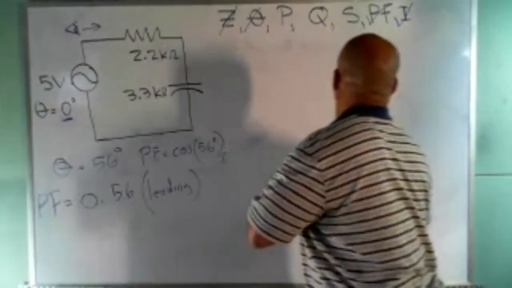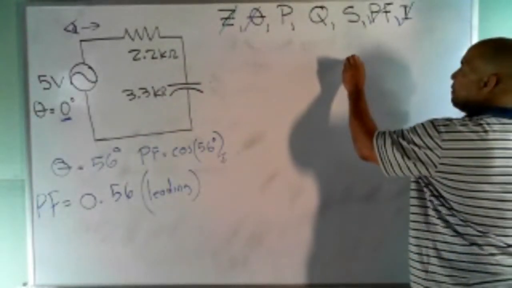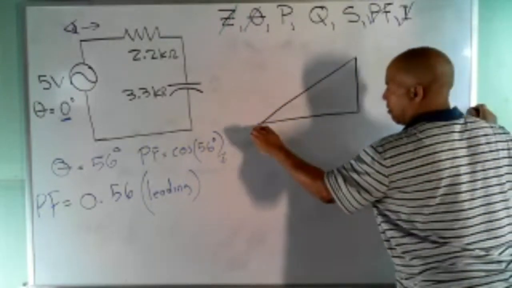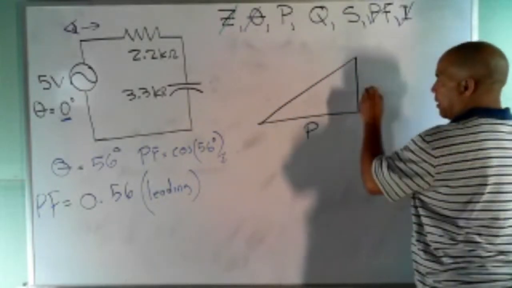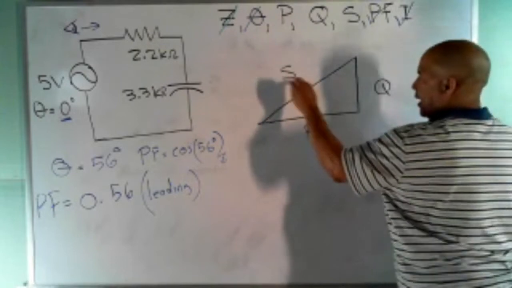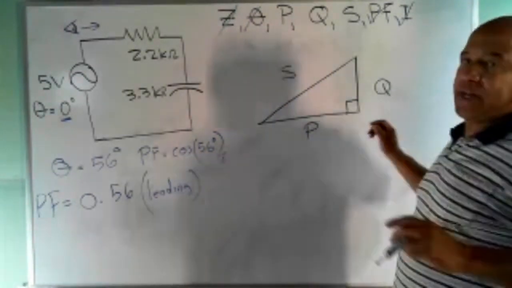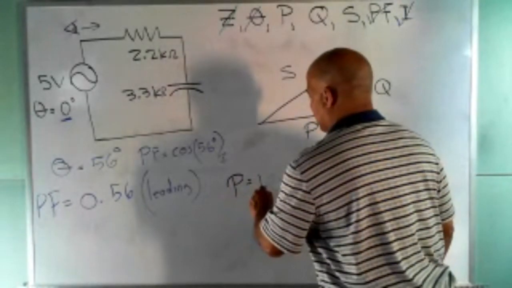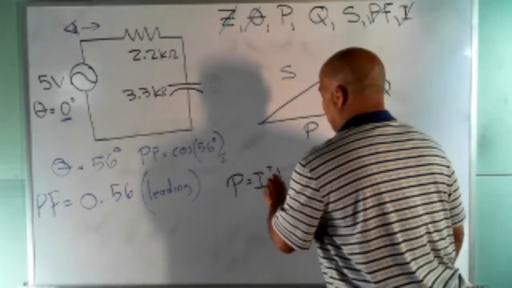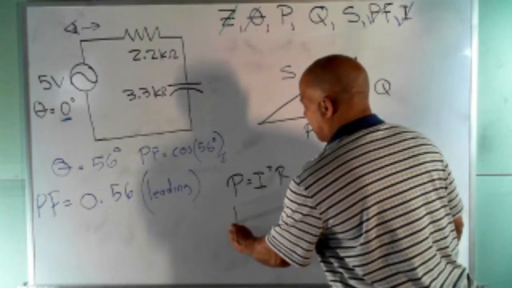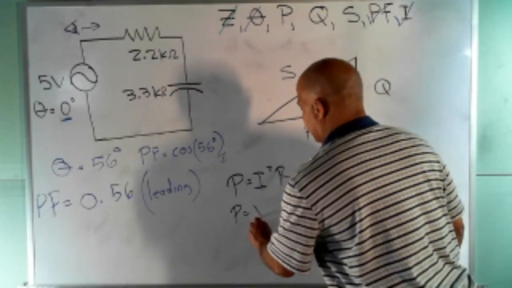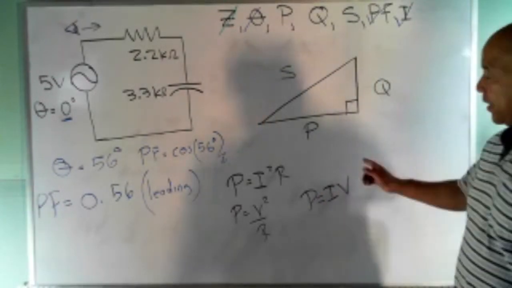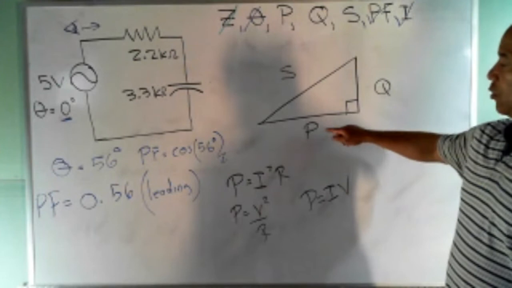So on the power triangle, I've got P, Q, and S. What you do is use any form of Watt's law: P equals I squared R, P equals V squared over R, P equals V times I. I can use any of these forms to get the two legs of the triangle.